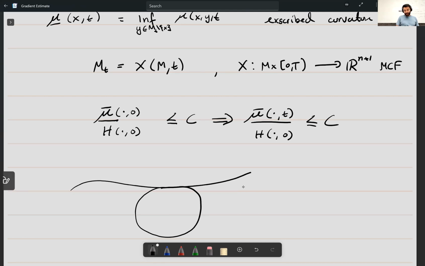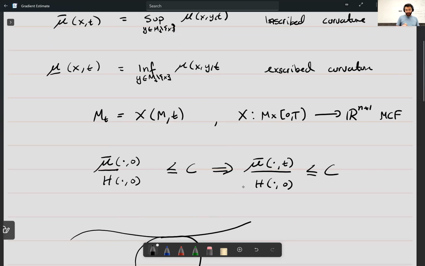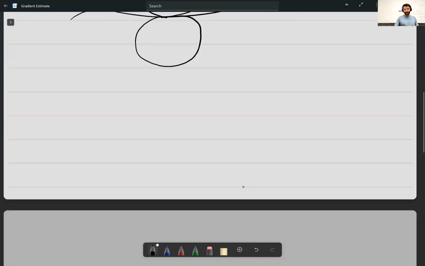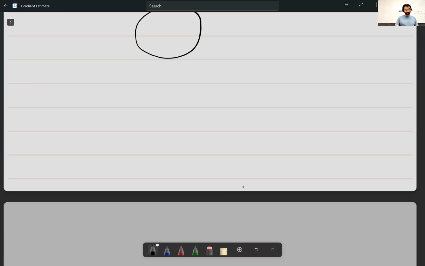That means your surface can't be too badly curved, because you're bounded between these two balls. And actually, the same thing is true for the exscribed curvature, so you also have the same thing on the outside. So you have some kind of two-sided bound on your surface, and that hopefully is going to give us some kind of gradient estimate.